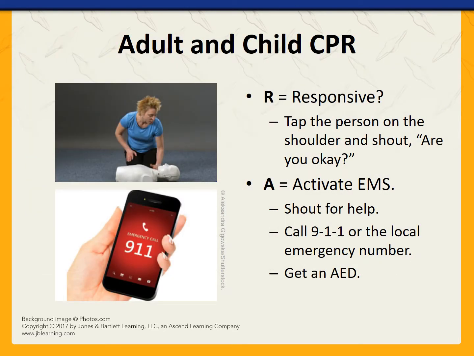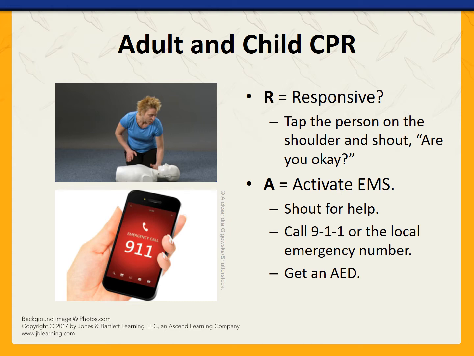Let's go in further detail about the acronym RAB-CAB. R, responsive. Give a firm tap to the shoulder and shout, "Are you okay?" With no response, move to activate EMS. Shout for help. Call 911 or the local emergency number.